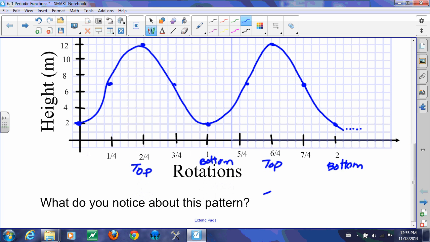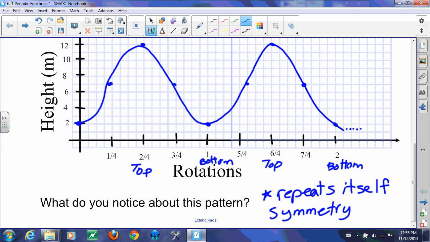First of all, it repeats itself. We also know that there's some symmetry about it. Now we're going to be introduced to what we call a periodic function and different parts of a function. I'm going to flip over to the next page.